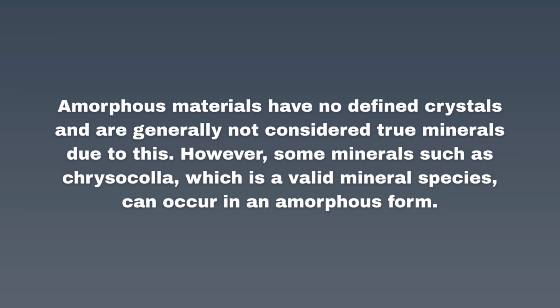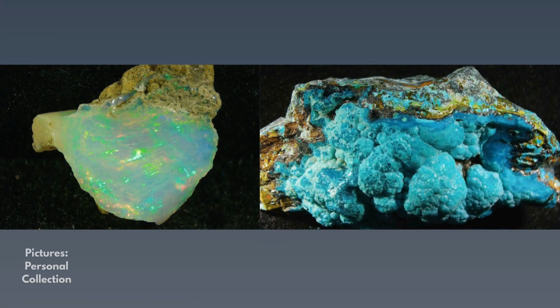Amorphous materials have no defined crystals and are generally not considered true minerals due to this. However, some minerals, such as chrysocolla, which is a valid mineral species, can occur in an amorphous form. Here we've got an Ethiopian opal, which is amorphous and is considered a mineraloid.